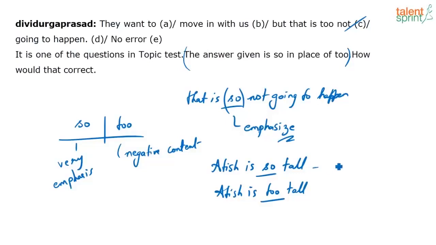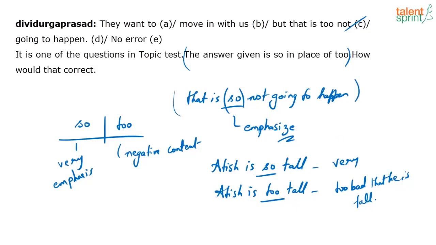That's an exception there again. These exceptions are confusing us. But let's go back. Atish is so tall, he's very tall. Atish is too tall, too bad that he's tall. Okay. So anyway, for our purposes, this is the phrase to emphasize, for example.